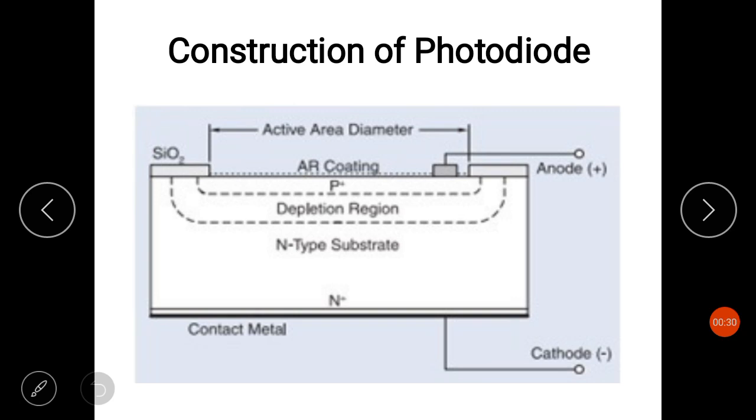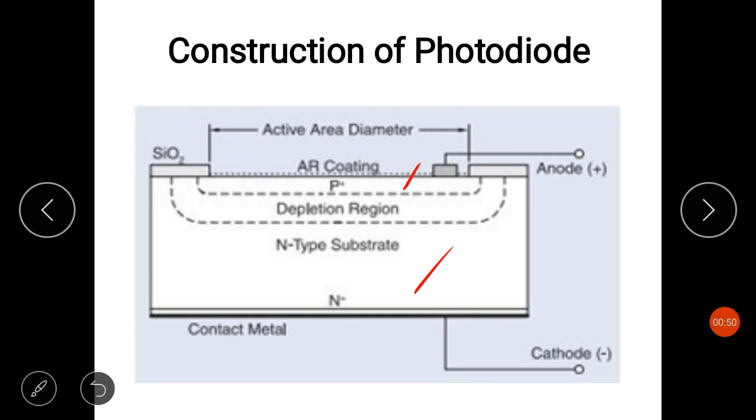in my previous lectures. So when this photodiode operates in reverse biased mode, it is called photoconductive mode. Reverse biased means, as I've told you, this photodiode is made up of a p-type and an n-type layer.